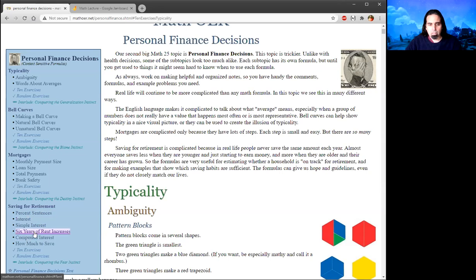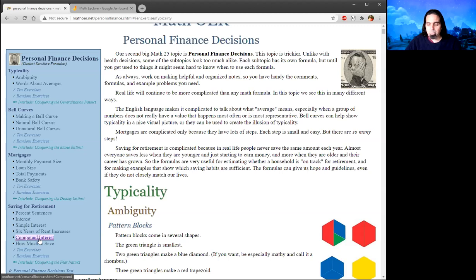There's an activity about 6 years of an apartment rent increase and how the rent changes year by year. And that transitions us from simple interest to compound interest. Compound interest is kind of complicated, so we'll talk about that and it will take a while.